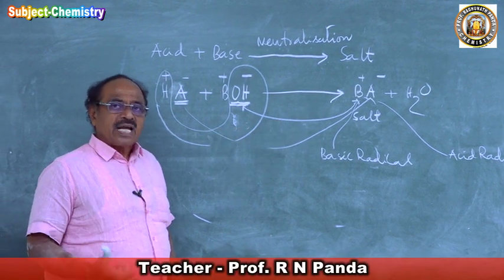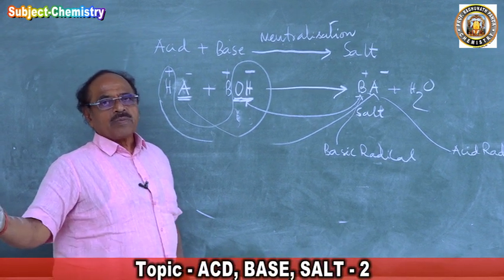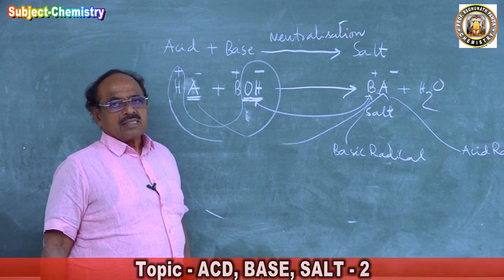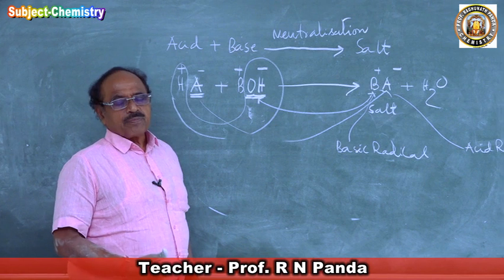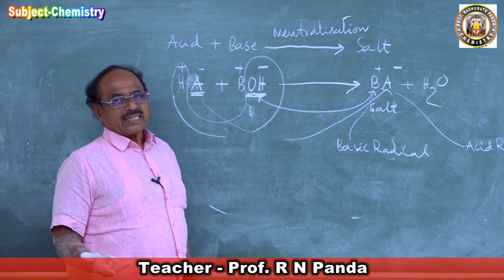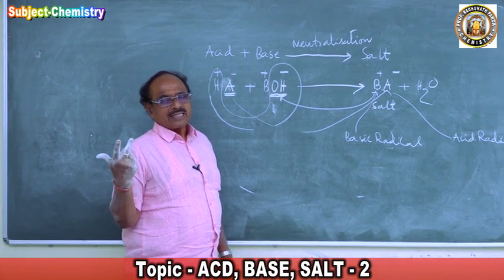If we have a strong base and a weak acid, the salt will be basic; it will exhibit basic property. If I have a weak base and a strong acid, the acid will dominate, and the salt will have acidic property.